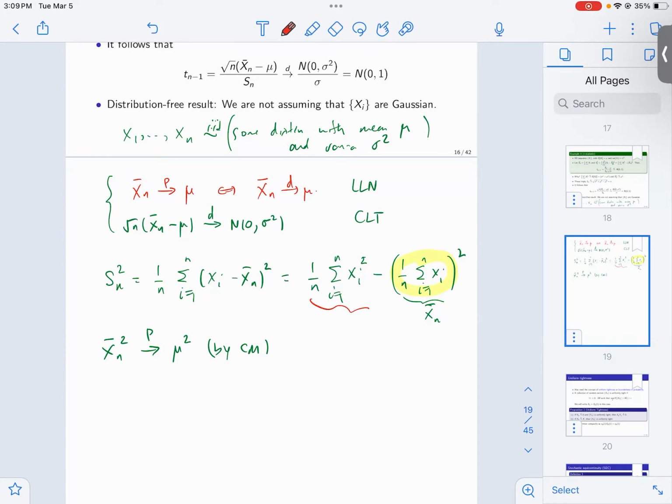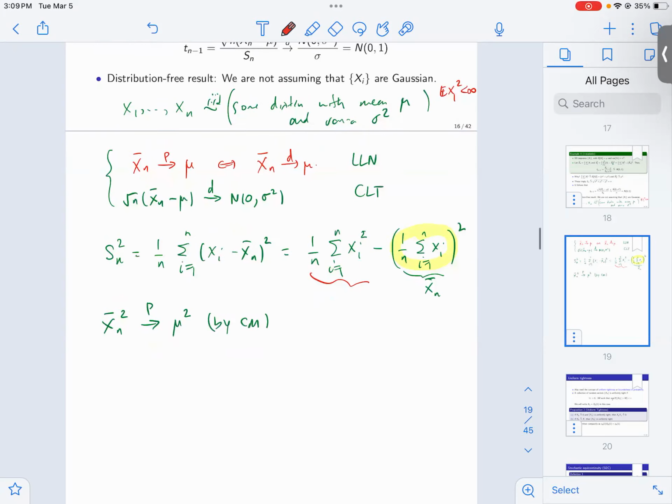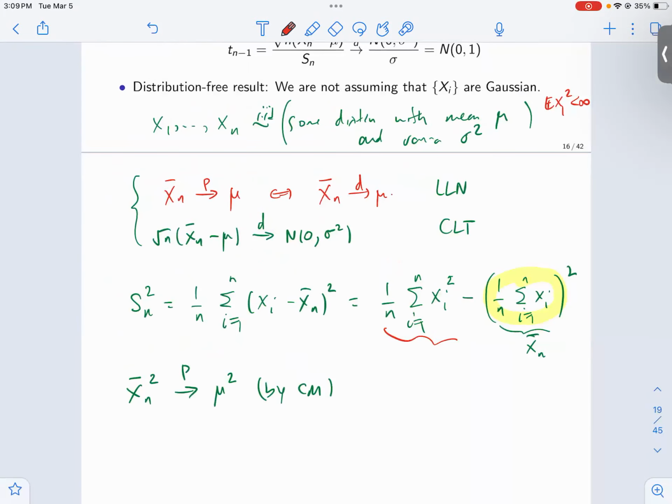By the law of large numbers, implicitly assuming these moments are finite because the variance exists, this converges in probability to the expectation of X1 squared, which happens to be sigma squared plus mu squared. This is basic probability. So I know this converges to something, and this converges to something. What can I conclude about that?